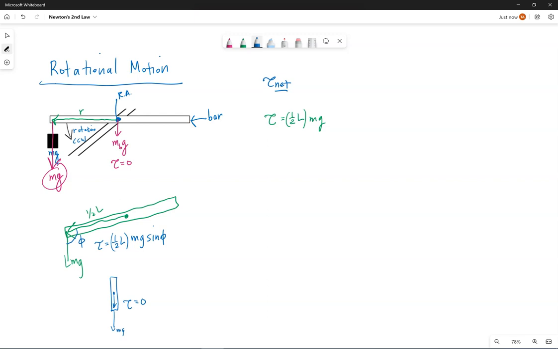As the bar rotates, if you remember, as we started chapter 12, we talked about angular quantities: angular position, angular velocity, angular acceleration.